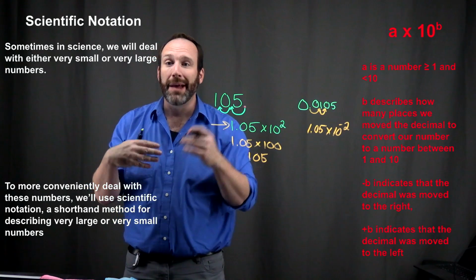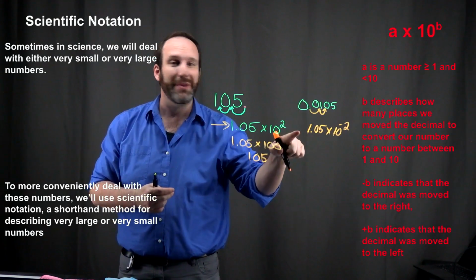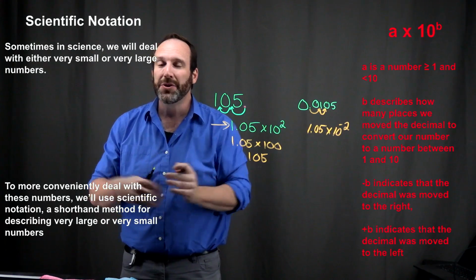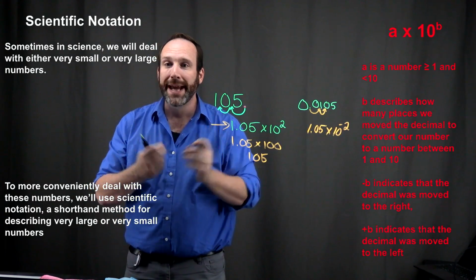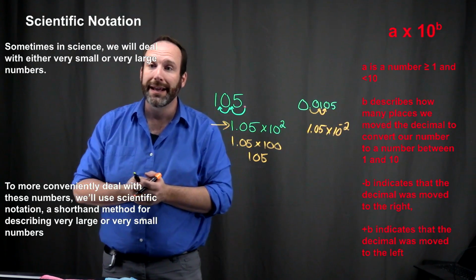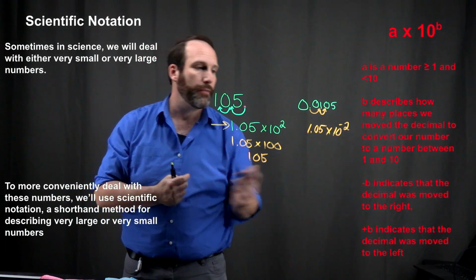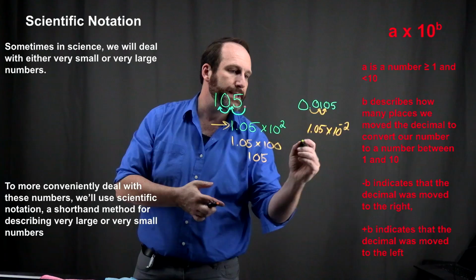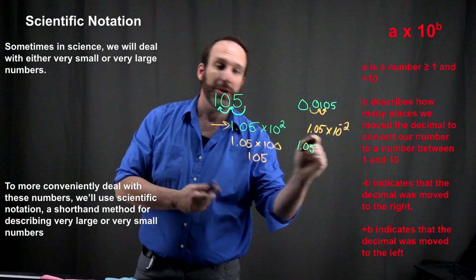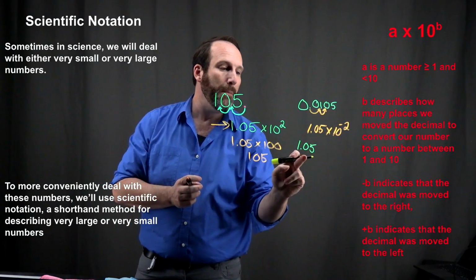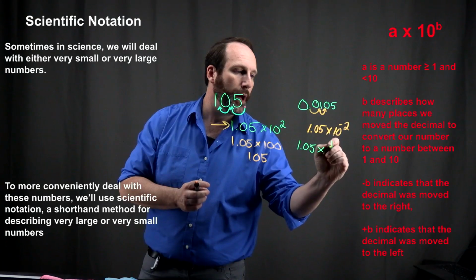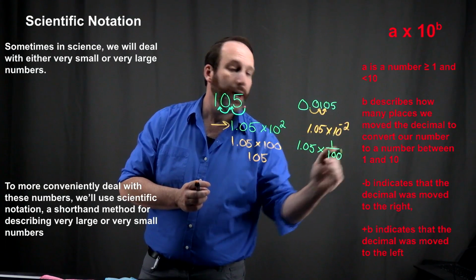Right? And so again, what does that mean? We've taken this number and we've turned it into a math problem, right? So what is 10 raised to the negative 2 power? Well, it's 1 over 10 to the 2 power, right? So this quote unquote math problem is 1.05 times 1 over 100, right?